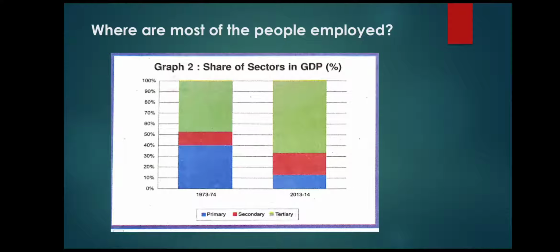So it is 40 for primary, 12 for secondary, and 48 for tertiary in the year 1973-74. But in the year 2013-14, their contributions have changed. For the primary sector, it is about 12%. For the secondary sector, it is about 20%. And the rest is for the tertiary sector.